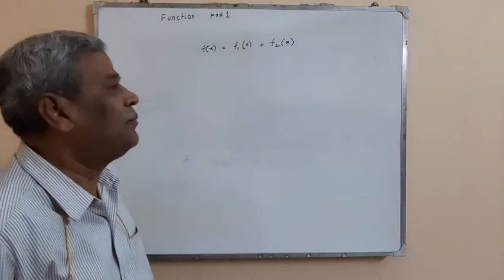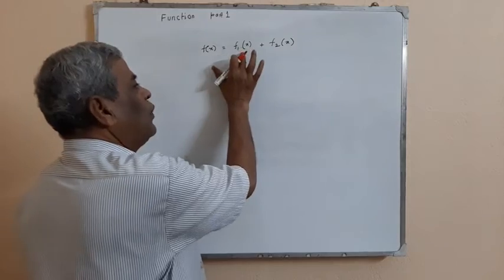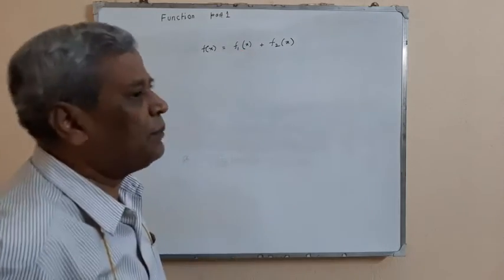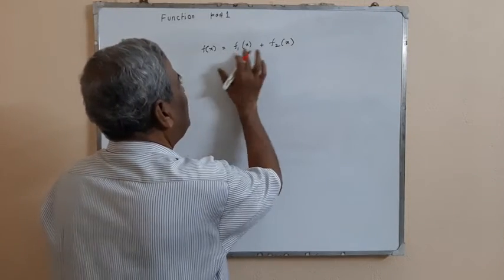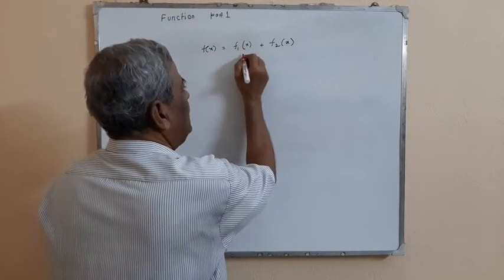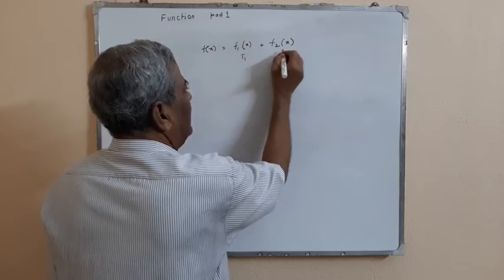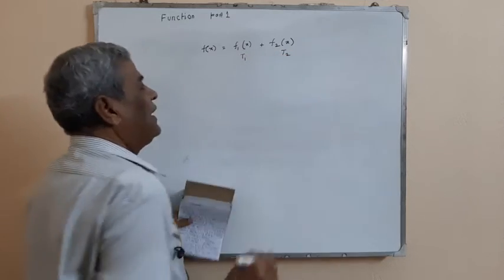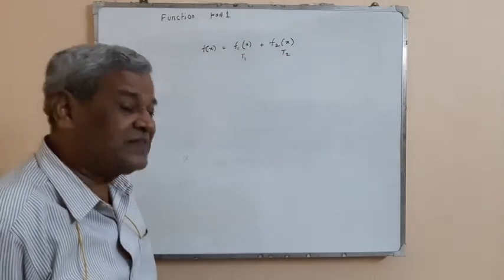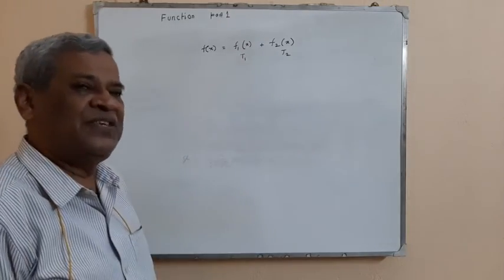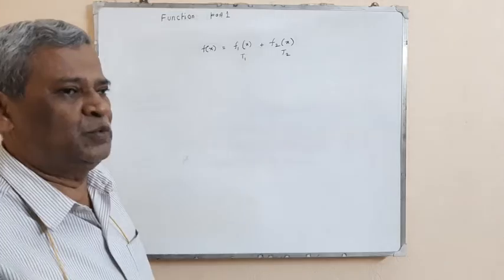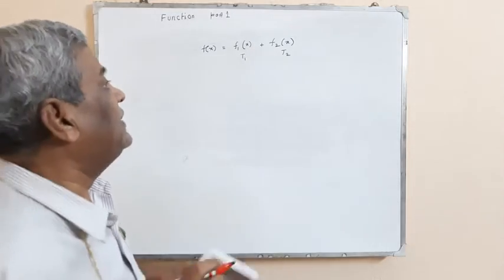This is a function, and both f1(x) and f2(x) are periodic. Suppose the period of f1 is t1 and the period of f2 is t2, then the period of f(x) is the LCM of t1 and t2.